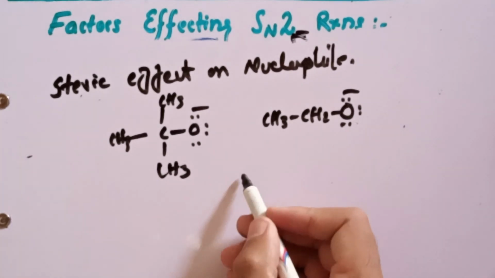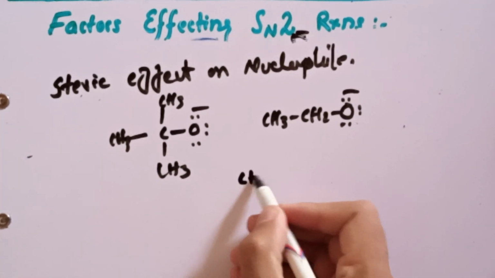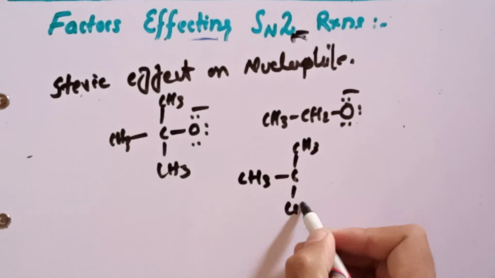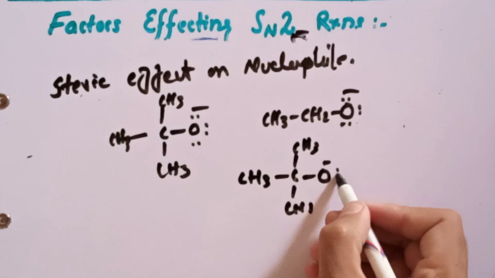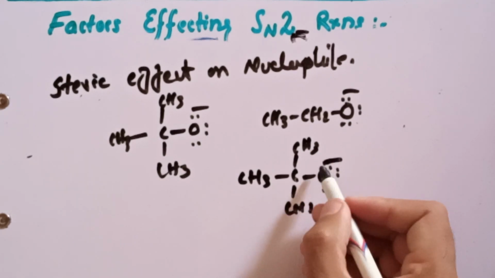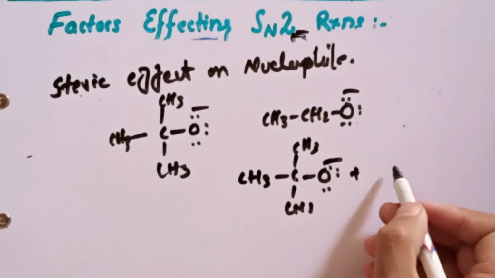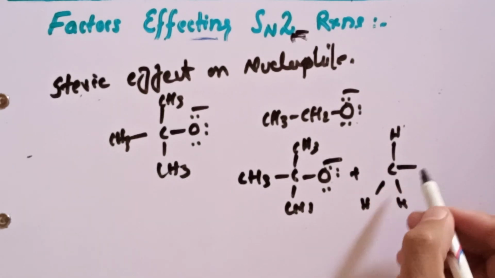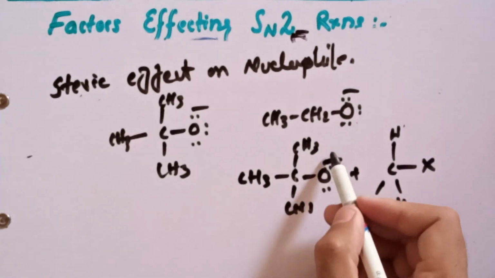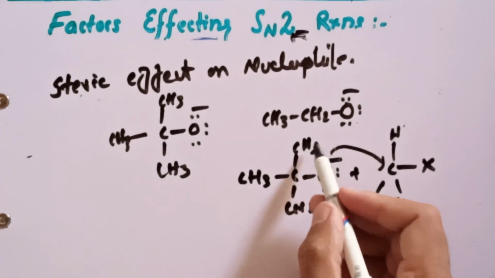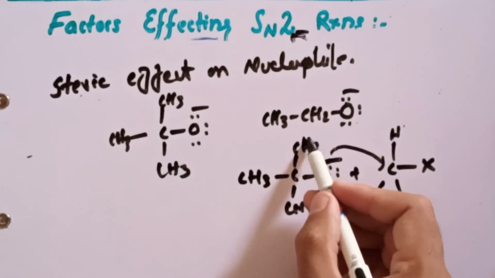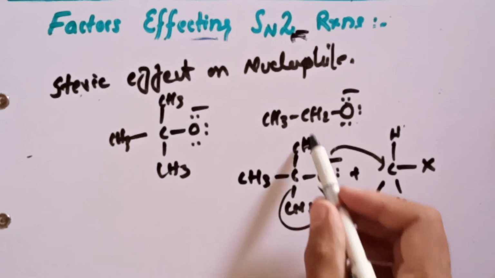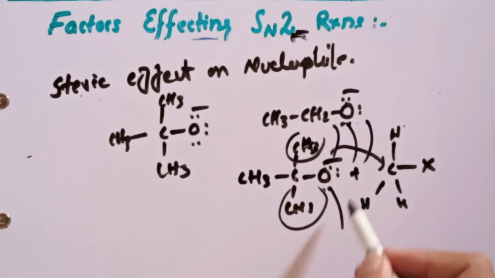In tertiary butoxide, when the nucleophile attacks on a carbon, these three groups will show steric hindrance to the carbon.